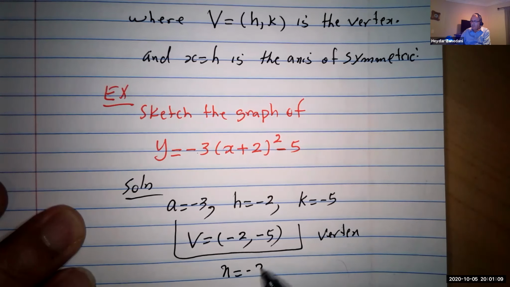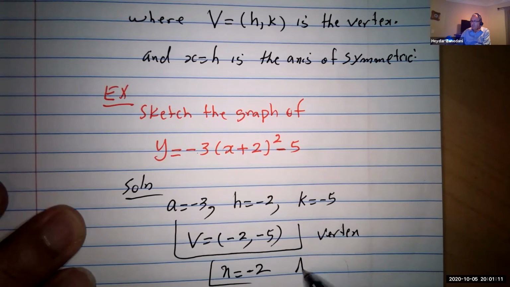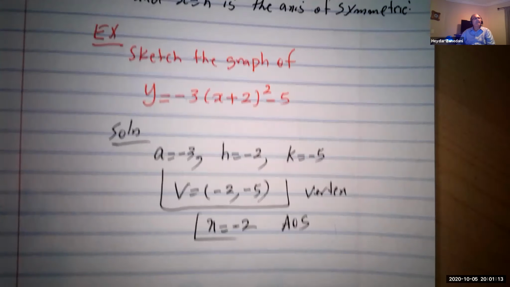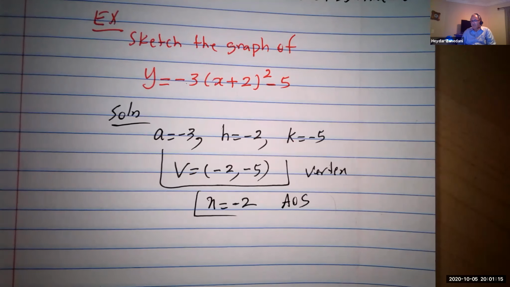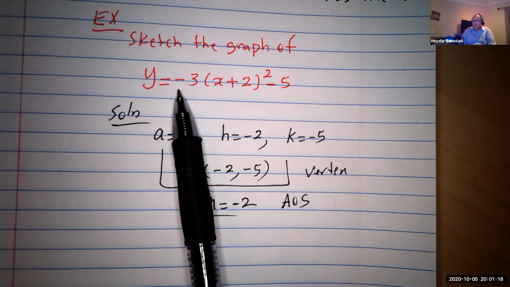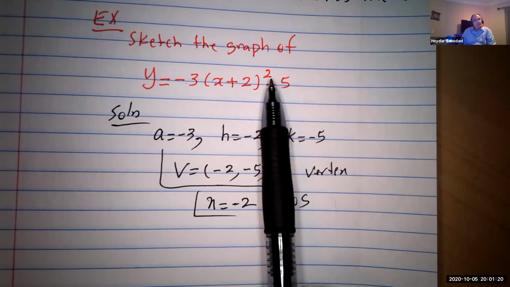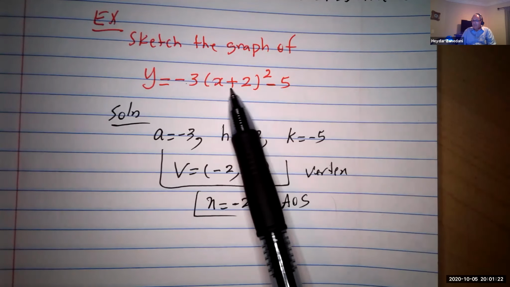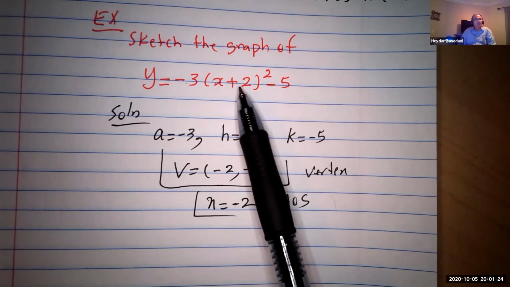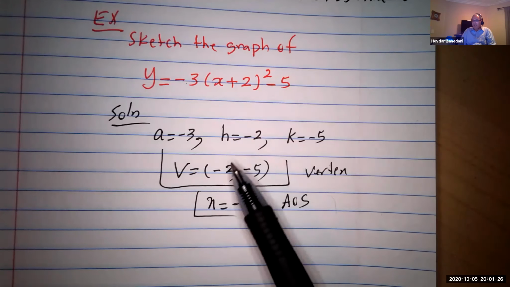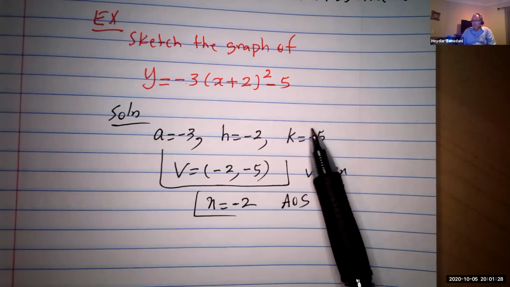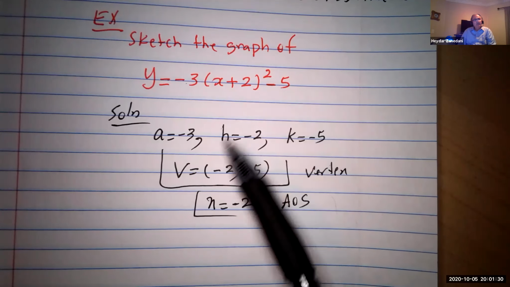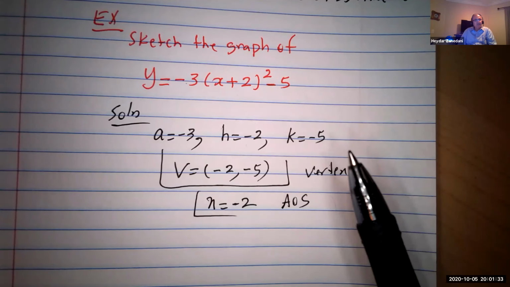Mirror, x = -2, axis of symmetry. Okay, we compare it. This is a, remember, a times (x - h), opposite sign. It's like x + 2 = 0, that gives you x = -2. But the k is the exact one. And that's it. This is the vertex and axis of symmetry.